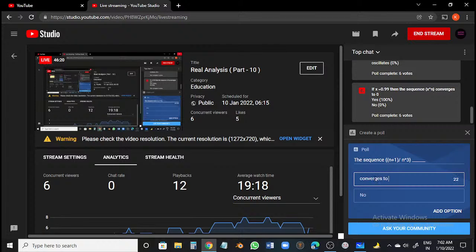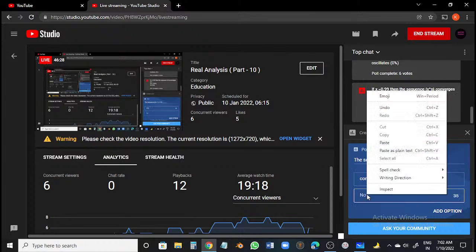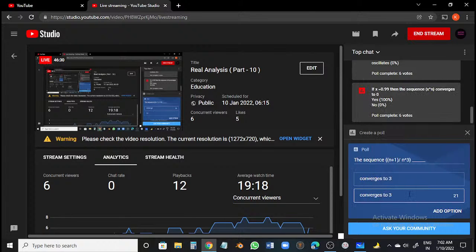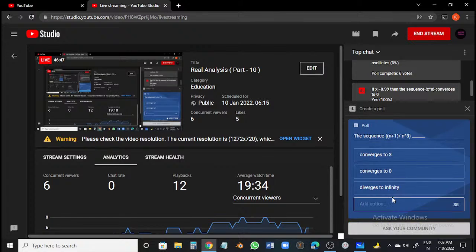Converges to 3, converges to 0, diverges to infinity, or oscillates.